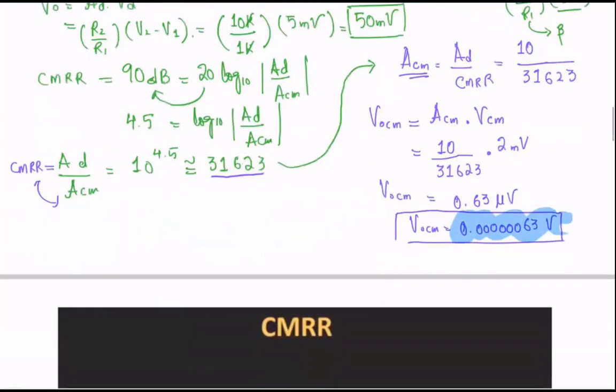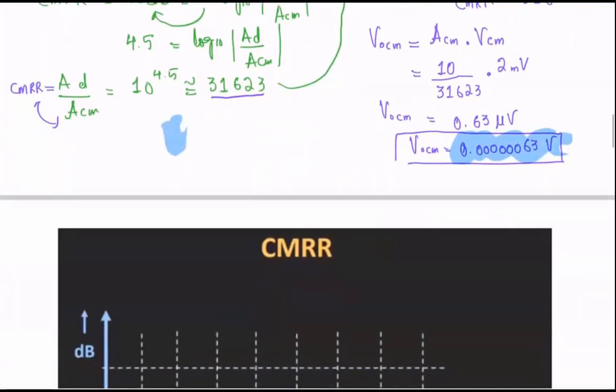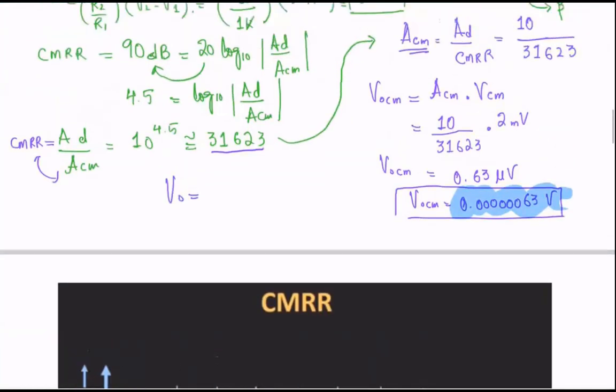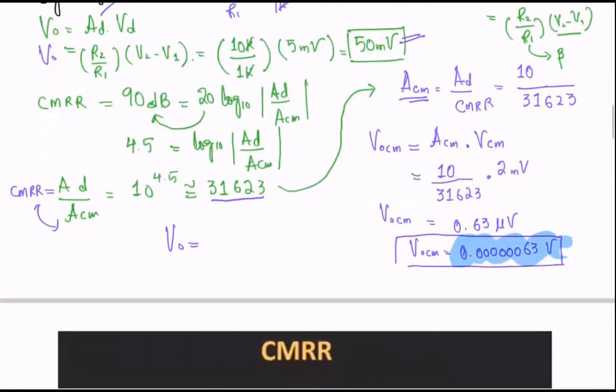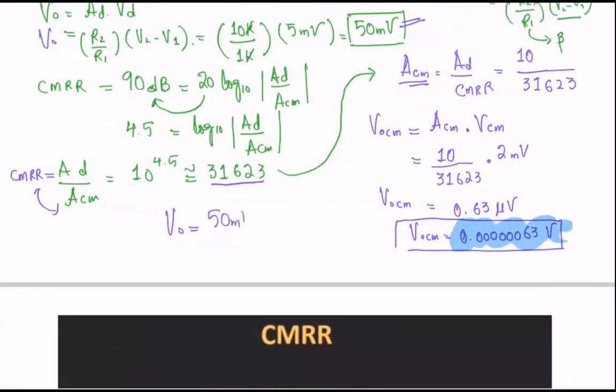If I ask you what the total voltage is going to be, what did we get? 50 millivolt here, correct? VO, 50 millivolt, plus this VOCM, which is 0.63 microvolt.